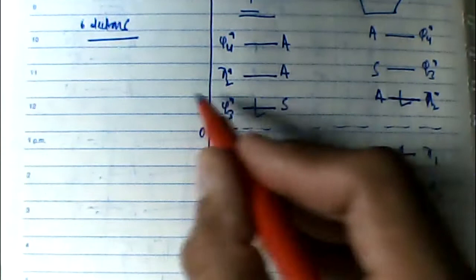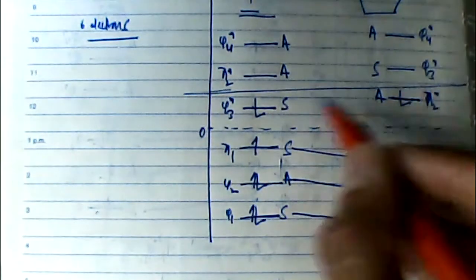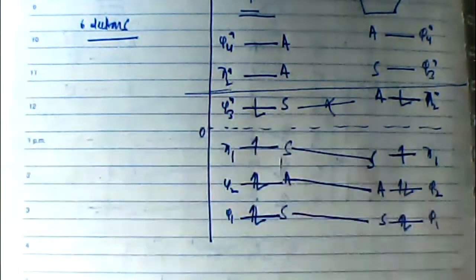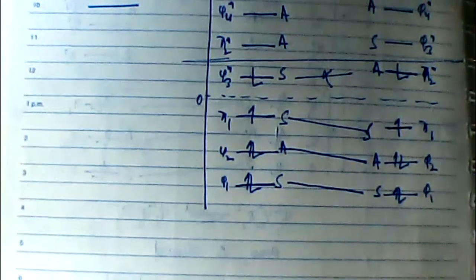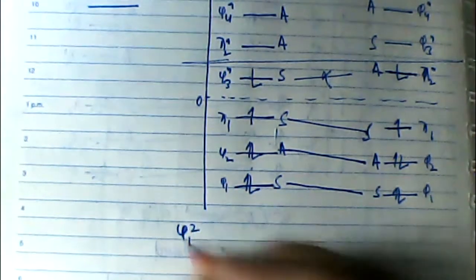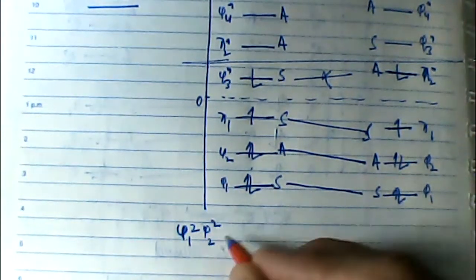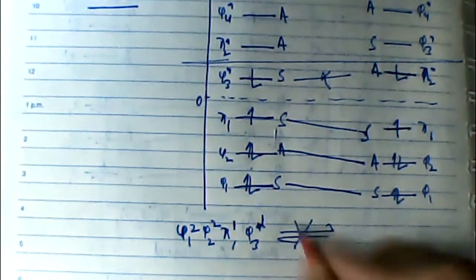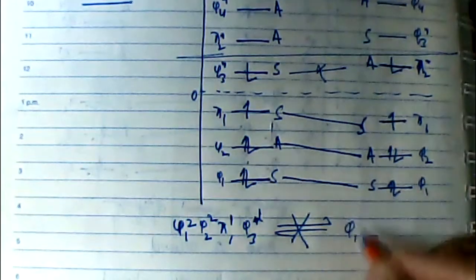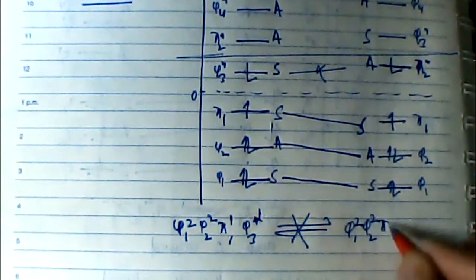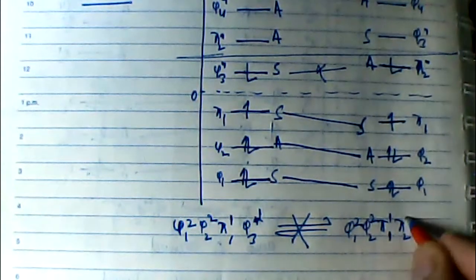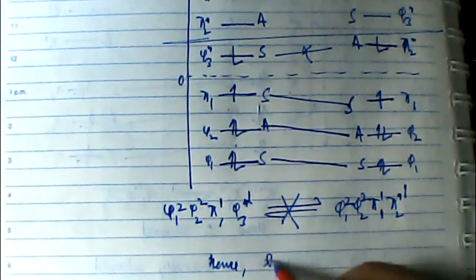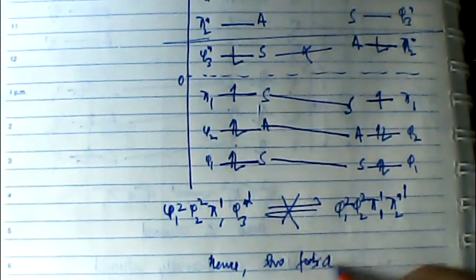But since we have to check the correlation up to this point, here there is a mismatch. Even if there is one mismatch, this is considered a total mismatch. Hence the excited state configurations of the reactants do not correlate with those of the product. Hence, this reaction is photochemically forbidden.